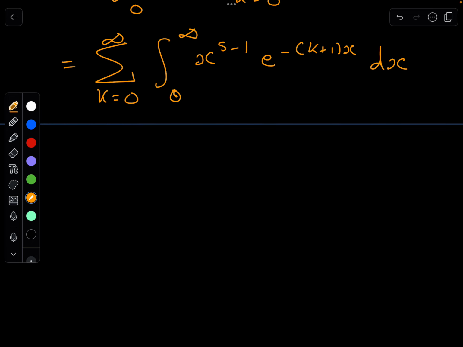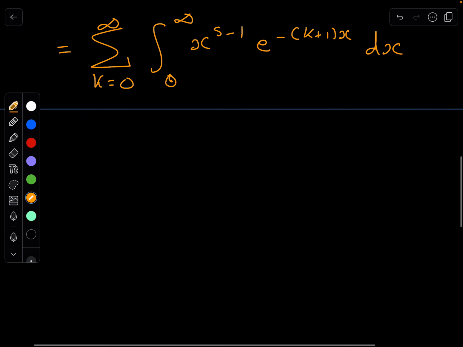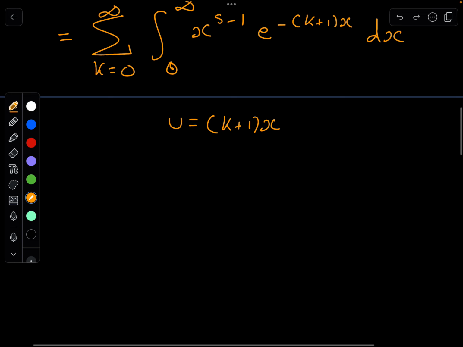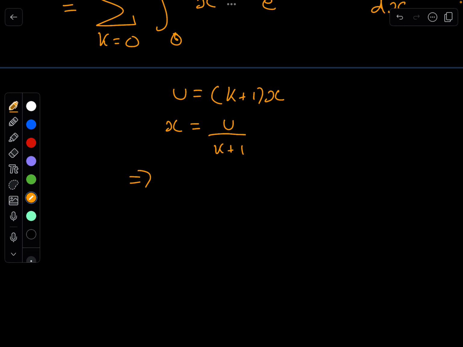There's not much we can do from here with x as a variable. So we can use u substitution. We say u equals k plus 1 times x, because then doing that we can get a nicer form. Therefore x equals u over k plus 1, which implies that dx equals 1 over k plus 1 du.